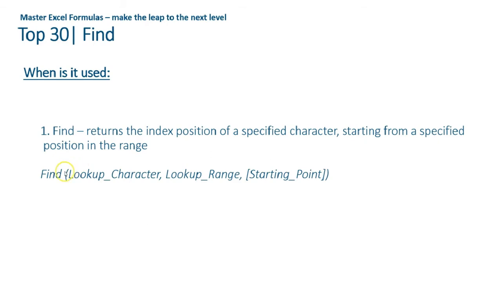The formula is written with, first of all, the lookup character, usually in quotes, then the lookup range, and an optional thing here, the starting point. I'll show you one example without this option and one example with the option as well.